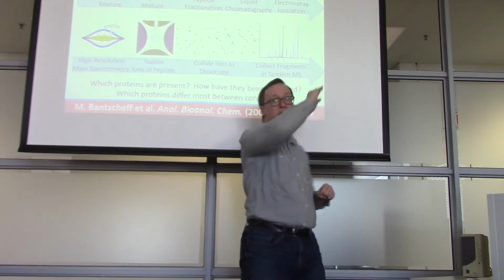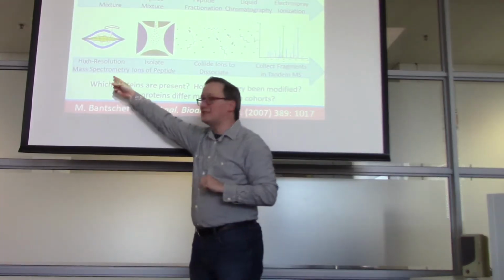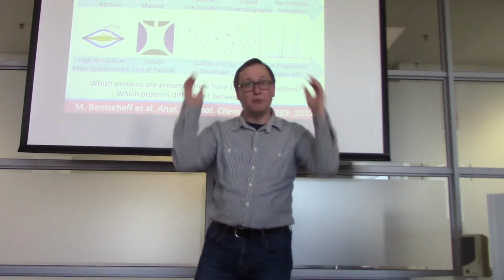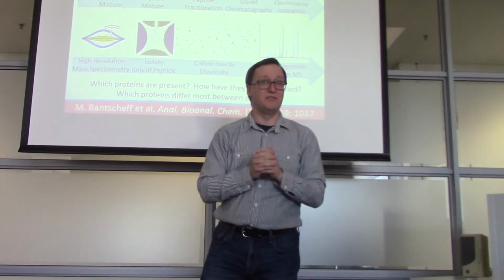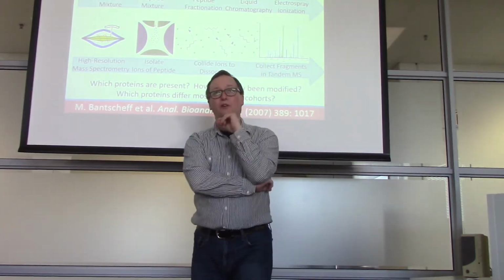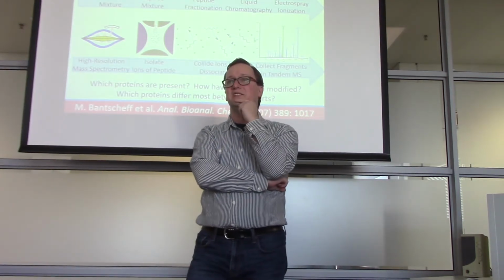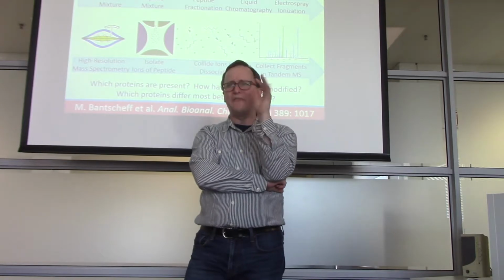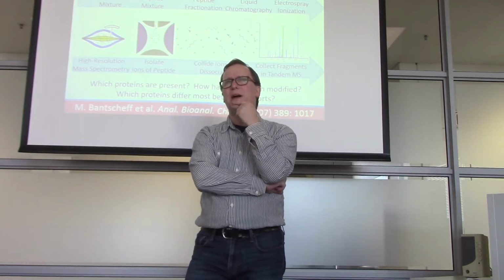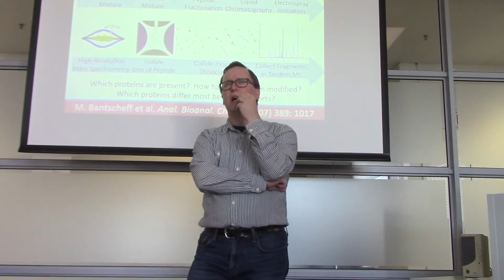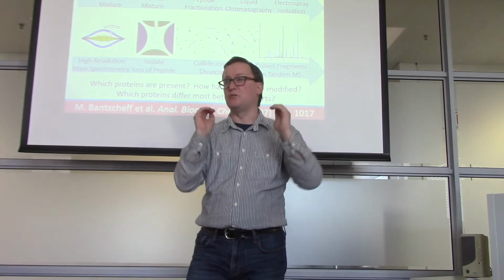Everything else on this bottom row happens inside the mass spec. So inside the mass spec, we're going to get a high-resolution measurement of the peptide ions themselves. All right? So if you have a peptide that is about 10 amino acids in length, if you assume an average amino acid mass of about 110, you would expect a 10 residue peptide to have a mass of 1100 Daltons.